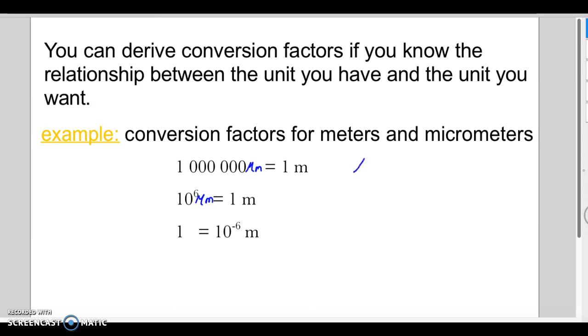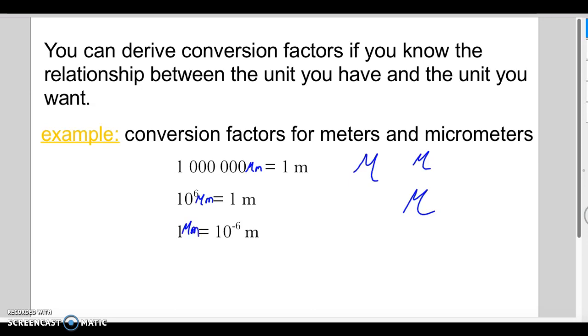And by the way, I'm using this Greek letter mu for micro. I wasn't able to figure out how to type it, so I'm handwriting it in. It's kind of like an M that has just a little bit different of a curve to it.